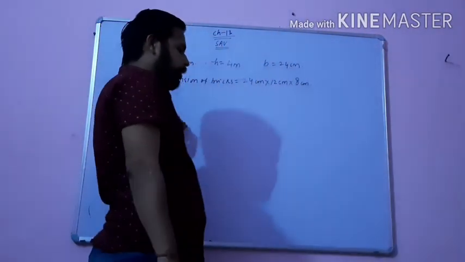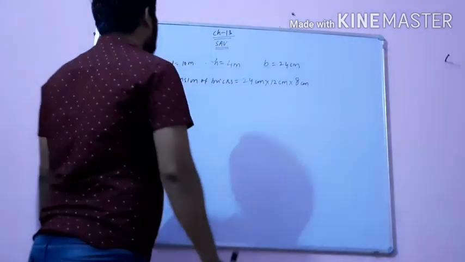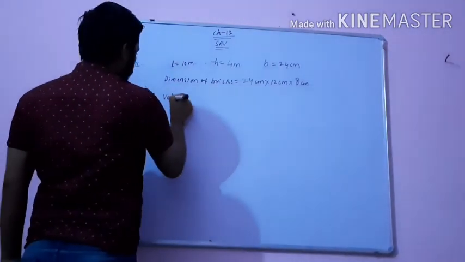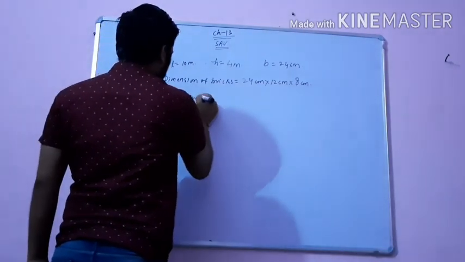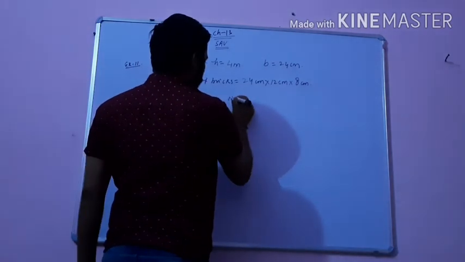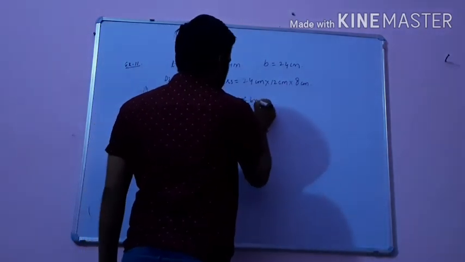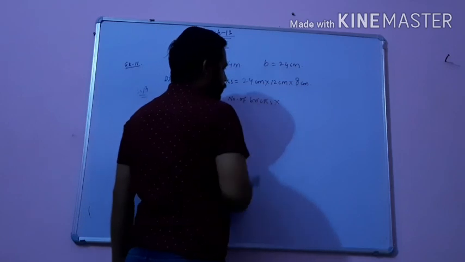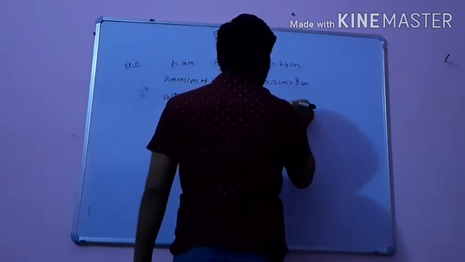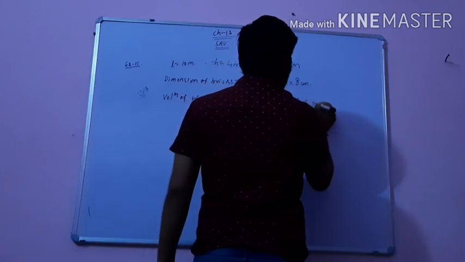So the volume of the wall will be equal to the number of bricks multiplied by the volume of one brick.